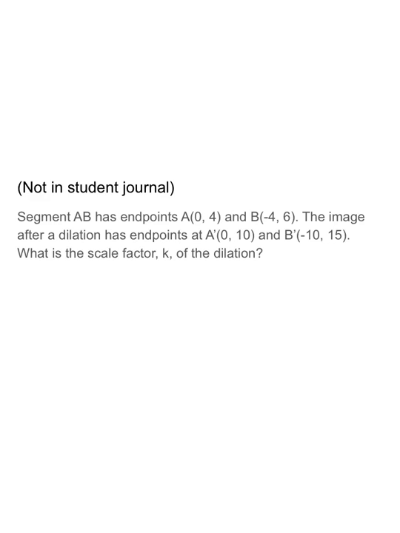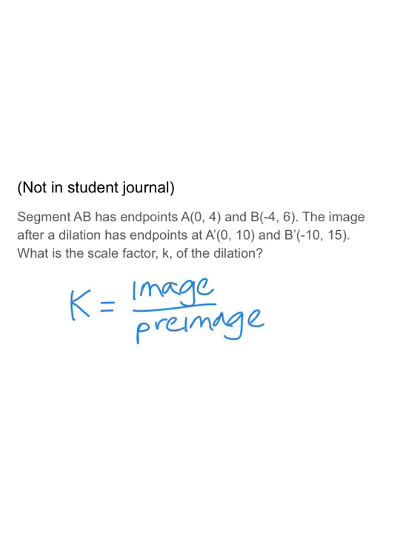So some of you can probably just sort of think through this and figure it out. If you're not sure though, remember that formula we used before? Really, you're going to take the image, so the one with the prime, and divide it by the pre-image number. So in this case, 0 is not really going to help us, but if I take the y values for A prime and A, we'll get 10 divided by 4, which is 2.5.